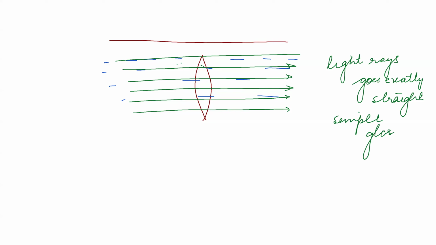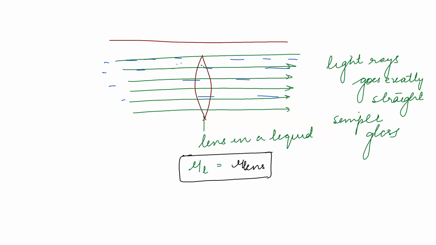And this lens in a liquid, where the refractive index of the liquid is equal to the refractive index of the lens, if they are equal. You understand? Refractive index of the liquid is equal to the refractive index of the lens. Then the lens becomes invisible.